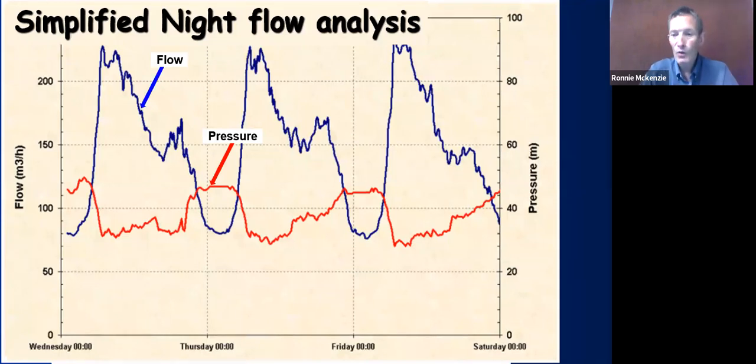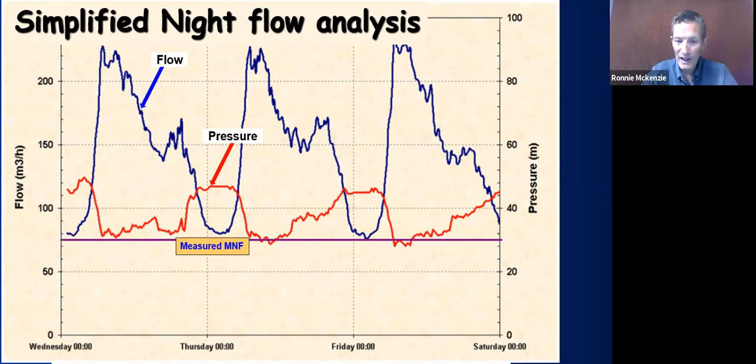What you see there quite clearly is that at night time, generally from about 10 o'clock at night till about 6 o'clock in the morning, the pressure in the system builds up, mainly because the consumers are not using much water. And that is when you get your period of minimum night flow. And it generally corresponds with the pressure being at its maximum. So the purple line here represents your minimum night flow.